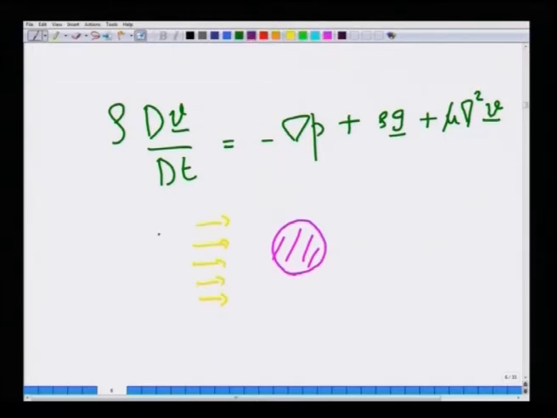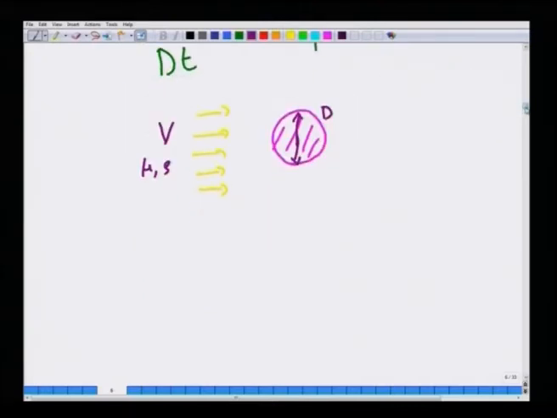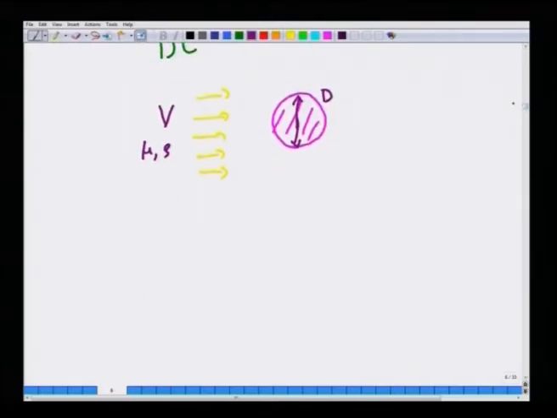You have the velocity v at which the fluid is flowing far away, you have the diameter of the sphere, okay, you have the viscosity of the liquid, density of the liquid. Okay. Now, these are the parameters that we have, and we want to use these parameters to non-dimensionalize the Navier-Stokes equation. Now, first, lengths.